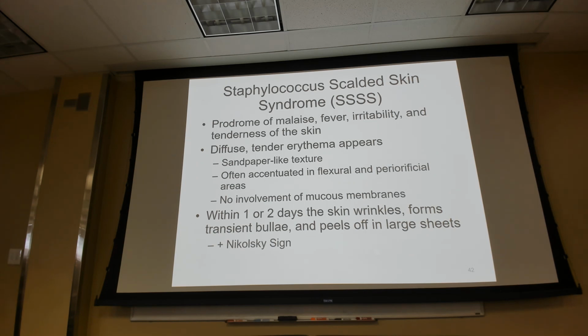Within 1 to 2 days, the skin is going to wrinkle. Nikolsky is going to be there. So that's if you take your thumb and you push on the skin, then it's going to slough off.